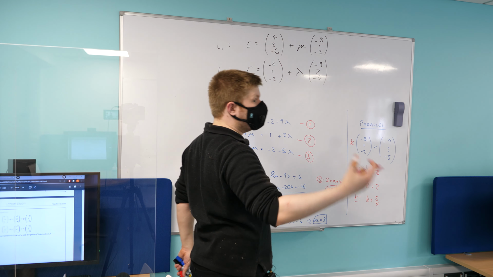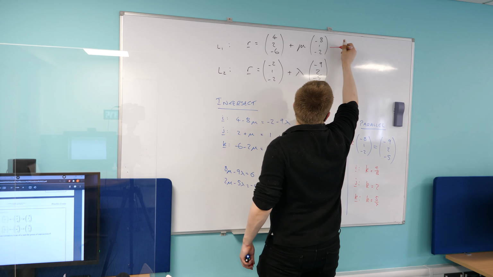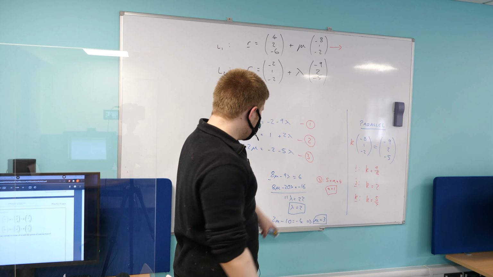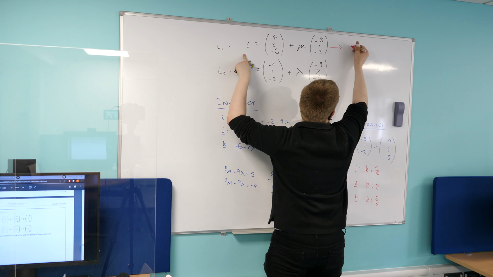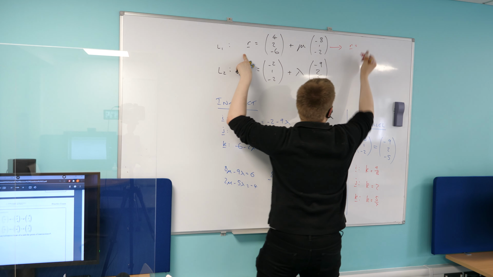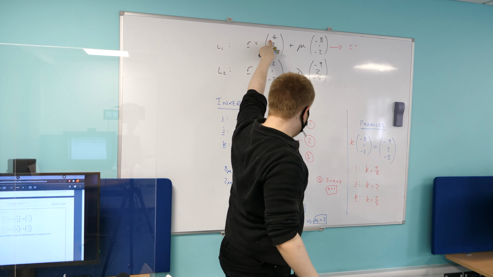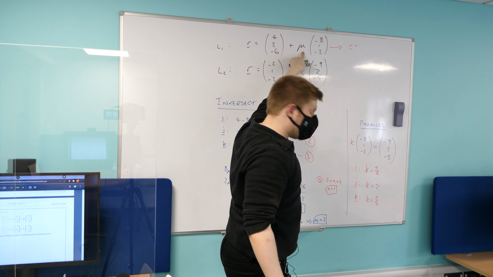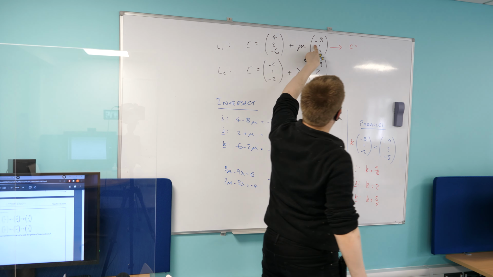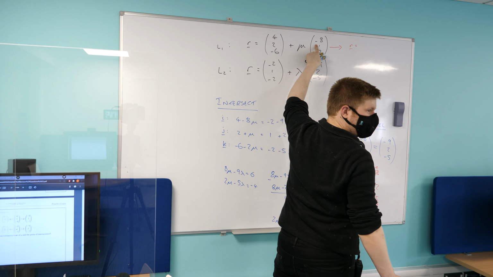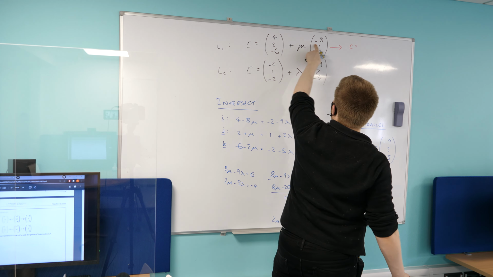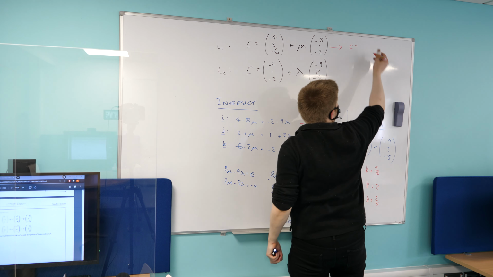So I'm going to use mu equals 3 in the top equation. That's going to give me my point R, or at least my position vector for R, will be 4 plus 3 lots, because that's my mu, of negative 8. So 4 minus 32, is that right? Nope, 24. So 4 minus 24, that's going to give me negative 20.